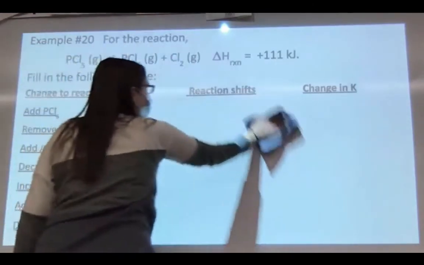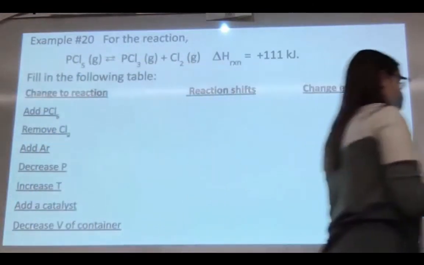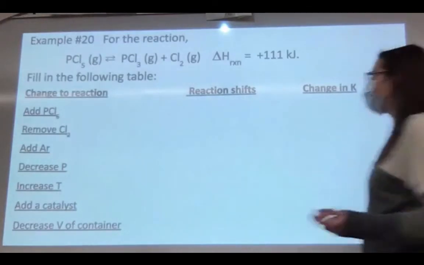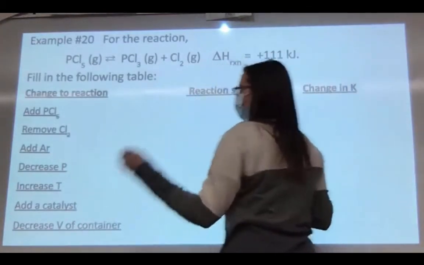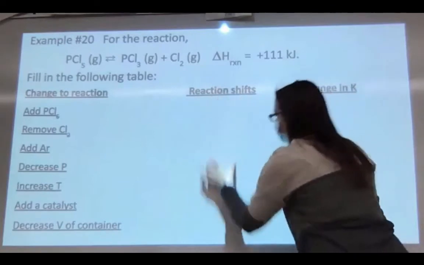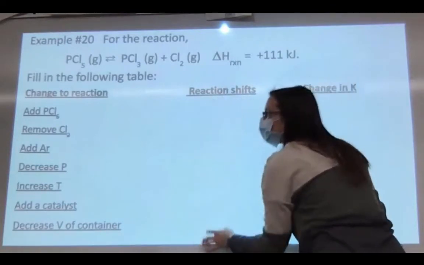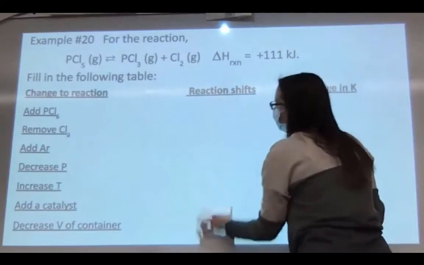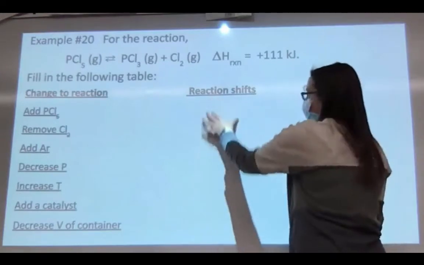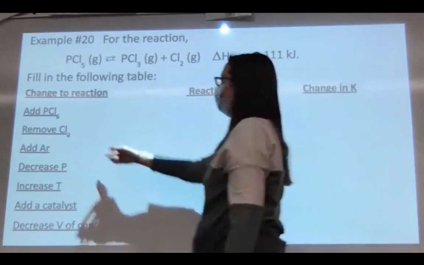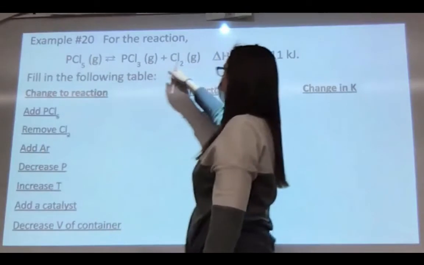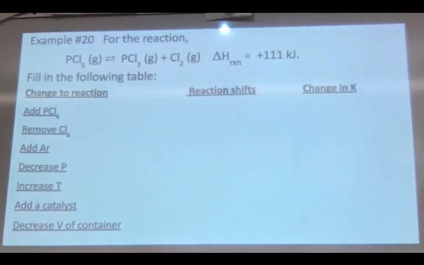Makes more products, it shifts right. If you need to erase and change it when we go through it, that's okay. I want you to just focus on the reaction shifts column. Here's how you're changing. Here's your equilibrium with your delta H. So see if you can fill that in.